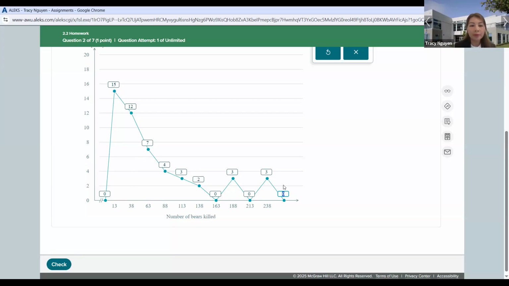So the first one is 0 and the last one is 0. That way we have a figure made up of line segments and it's closed. That is a frequency polygon.